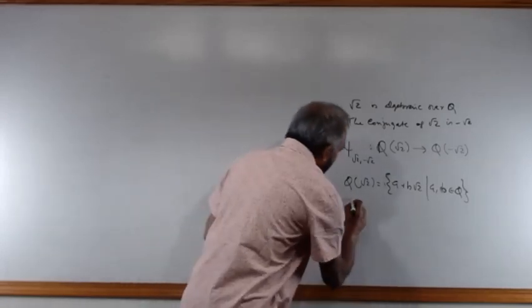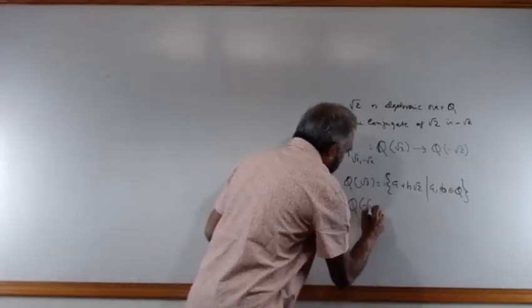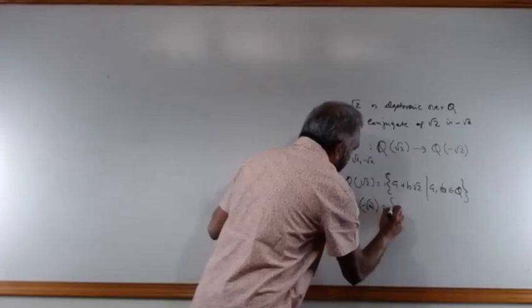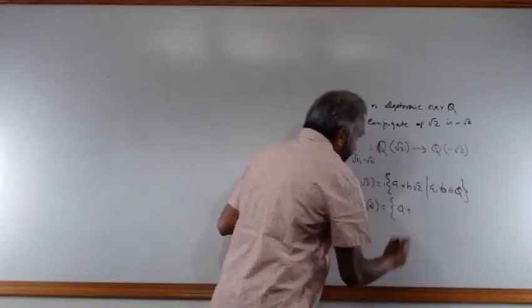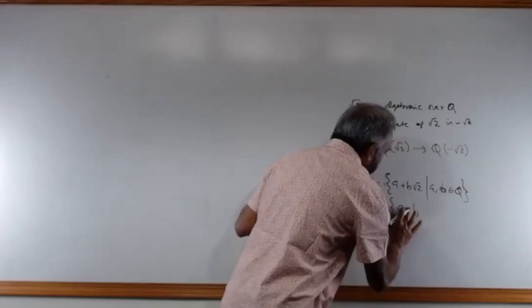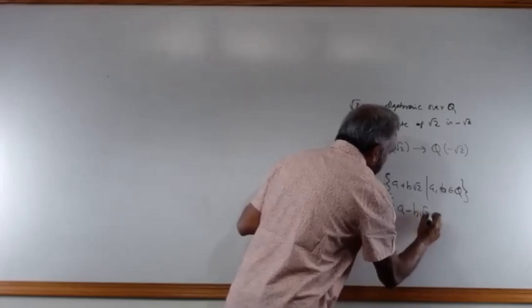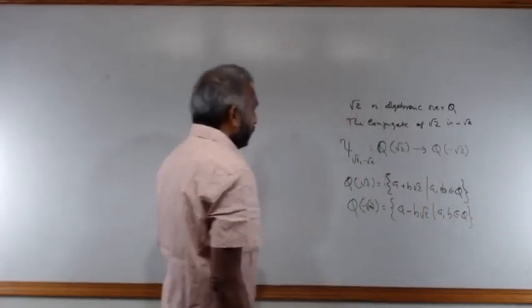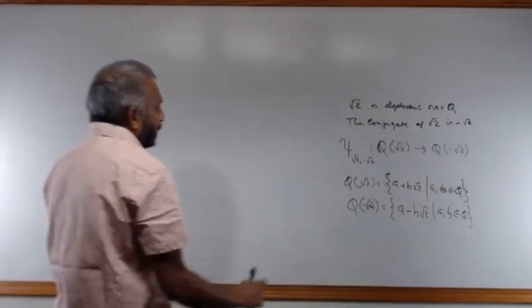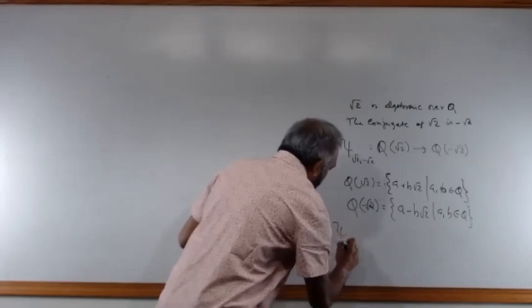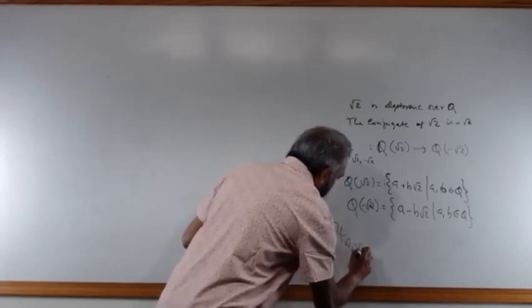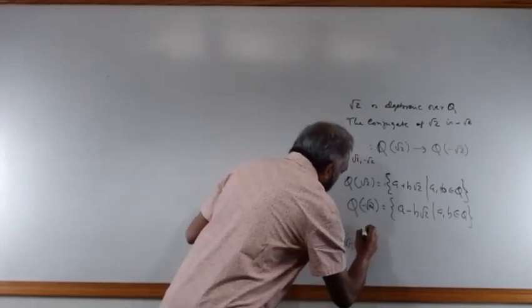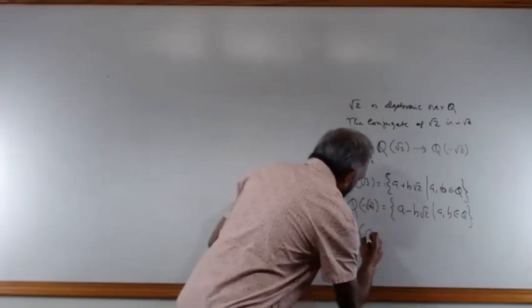So what is Q of minus root 2? It is a plus b times minus root 2. So what is the definition of psi of root 2 comma minus root 2? You take an element from here.